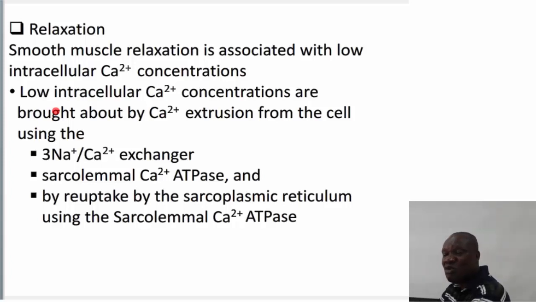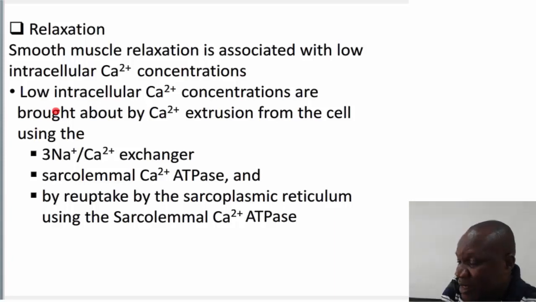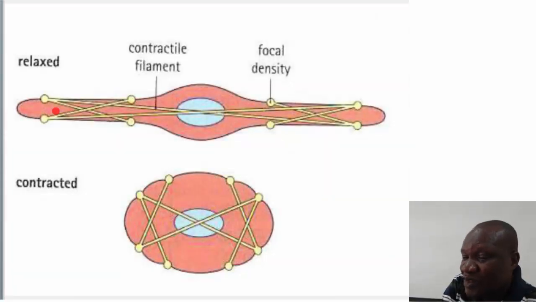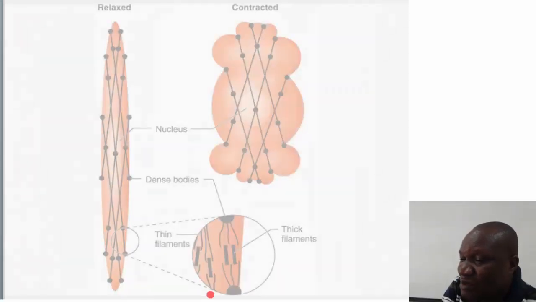And calcium will move out from the sarcoplasm to the extracellular fluid using a calcium ATPase or a sodium calcium exchanger, which I described not long ago. And when the calcium levels fall below a certain level, then the muscle will relax. So that's a relaxed smooth muscle here, and that's the contracted smooth muscle with all the contractile filaments.